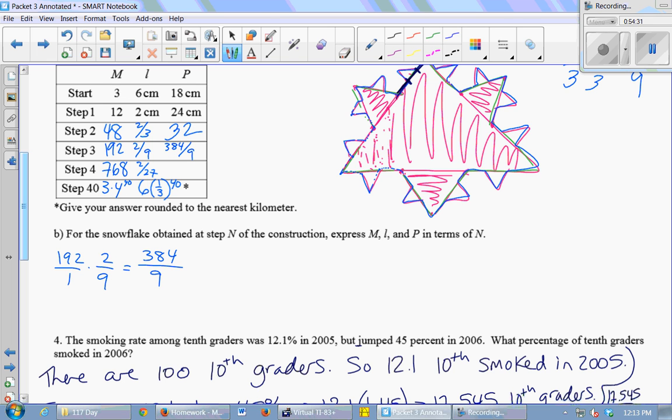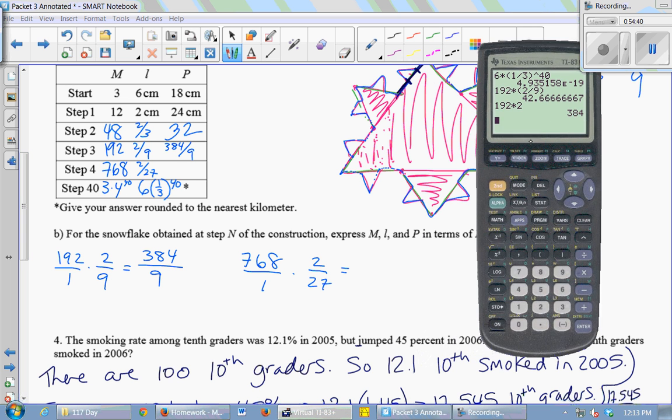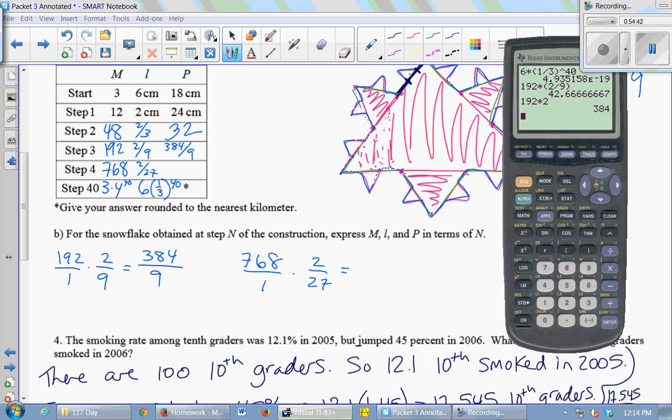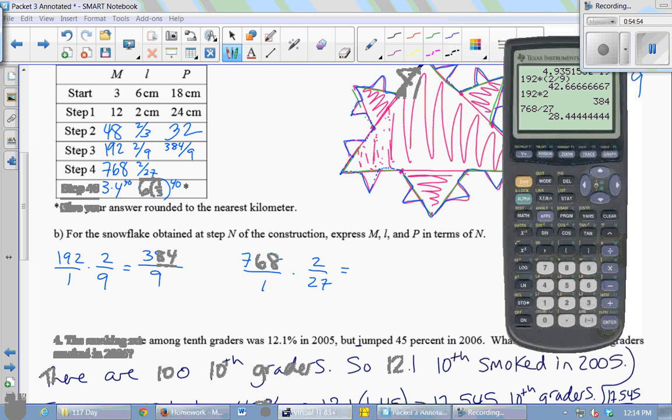And then for step 4, I would do 768 over 1 times 2/27. And to multiply fractions, you just multiply across. And I should see, do 768 and 27 have any common factors that I can cancel before I multiply? No. 768 divided by 9?